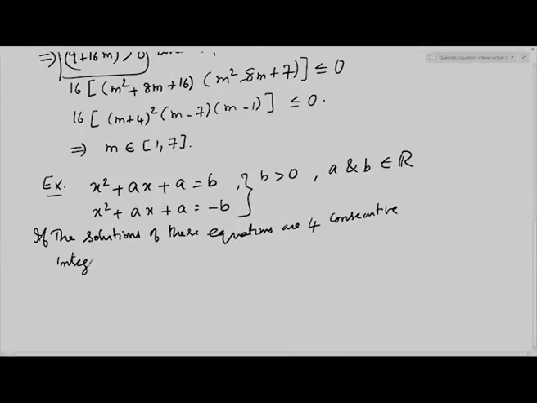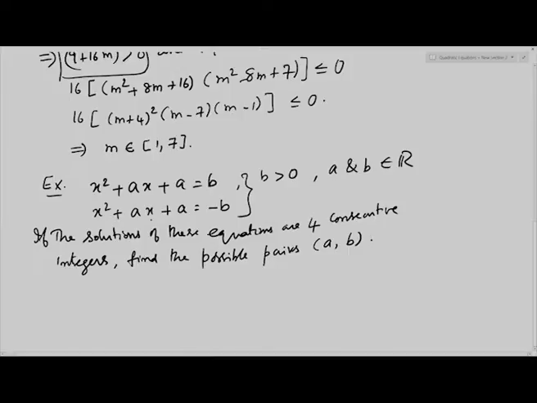Say for example, maybe 1 and 3 may be the roots of the first equation, and 2 and 4 may be the roots of the second equation. So, the condition is if the solutions of these equations are 4 consecutive integers, then what are the values of a and b? Find possible pairs (a, b). Hope you have understood the problem.